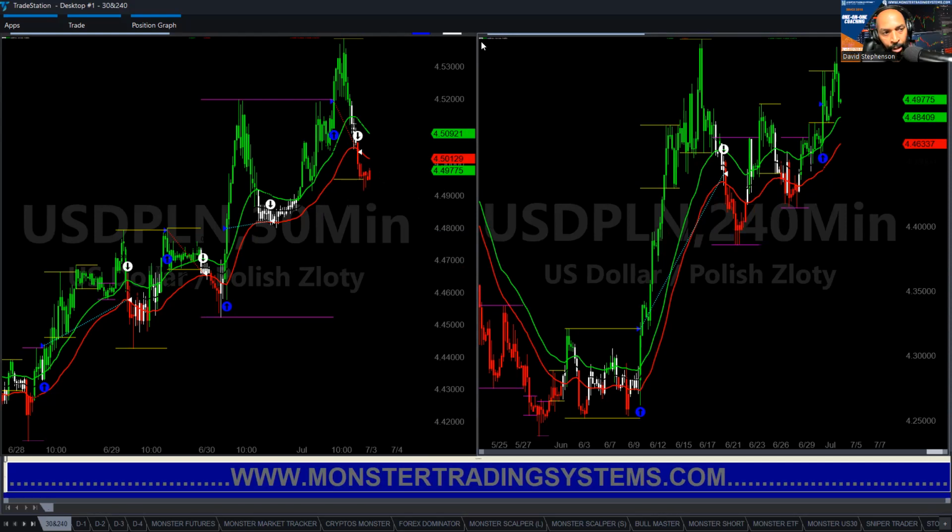So just stay on the 240. Try not to look at any other time frames once you're in the trade. As a new trader, once you get really good, and I hate bringing too much information out for new traders because it gets confusing, there are ways that we can use the 30-minute to time our entries to get in a bit quicker.